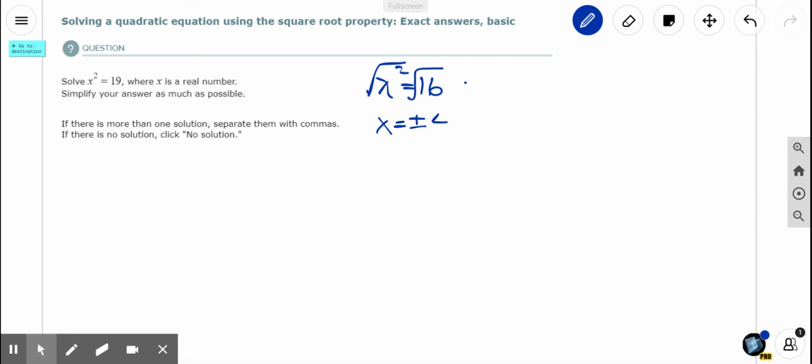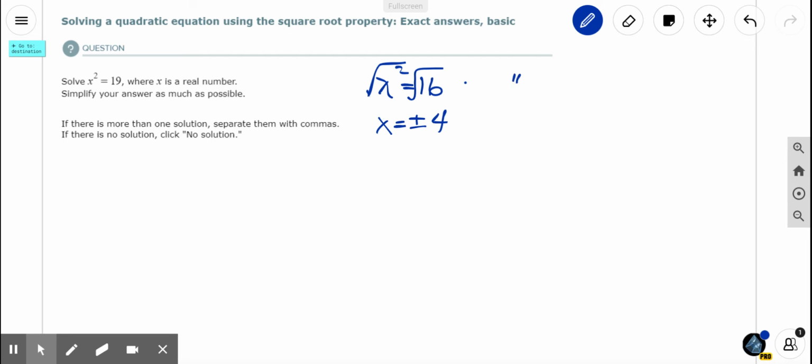So in this case, you have x squared equals 19. It says simplify your answer as much as possible. You are not allowed to use a calculator here. You are simply supposed to leave it in exact notation. Let me write this down because this is really important.